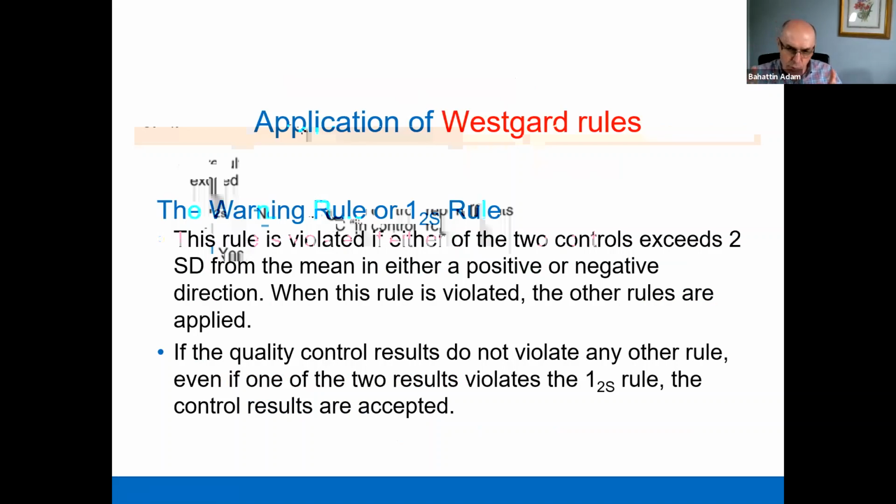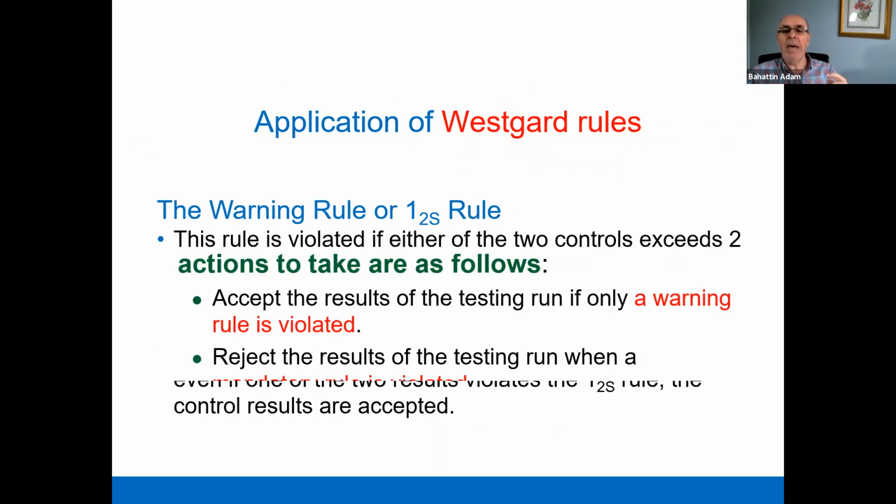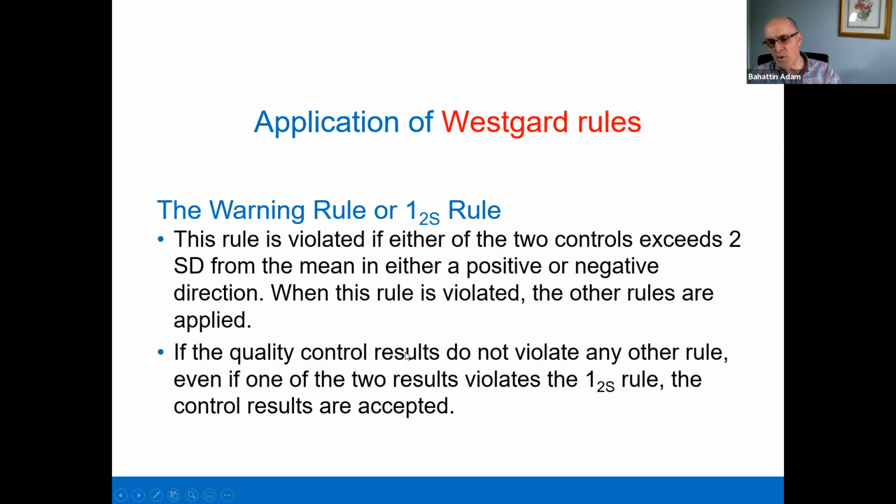If only one of your controls exceeds the 2 standard deviation range, and the quality control result does not violate any other rules, you have to check the other controls.